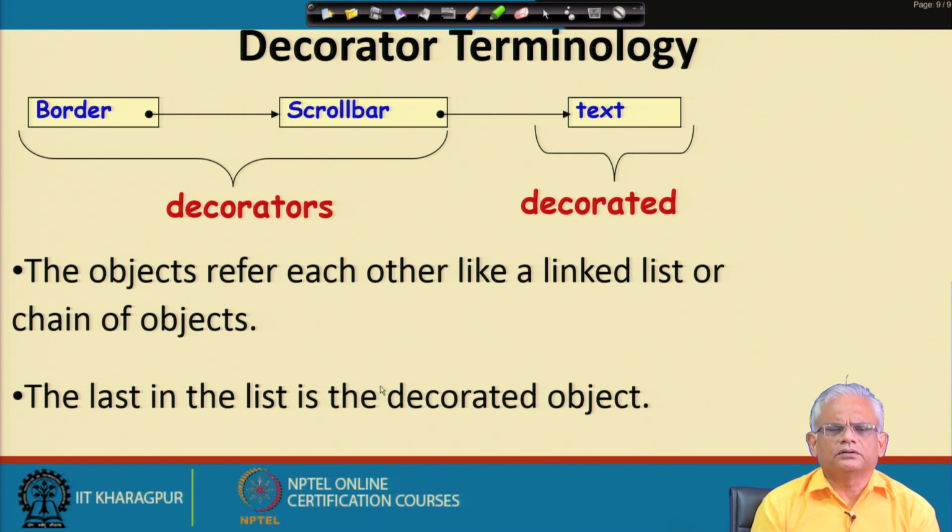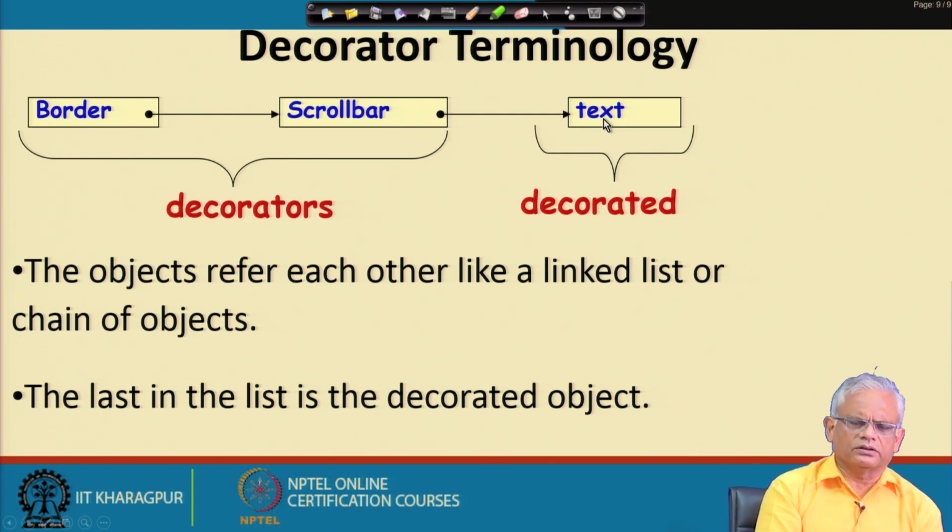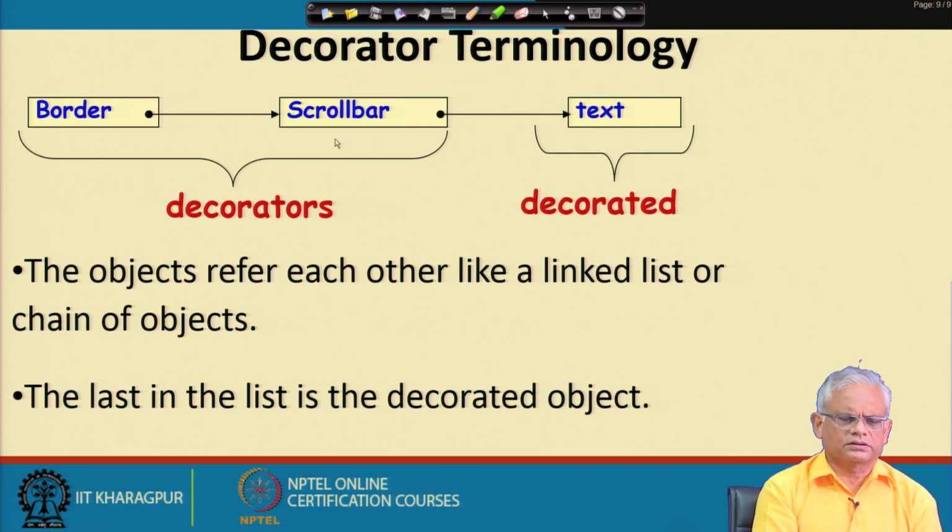If we see it in terms of class relations, the border is associated with the scroll bar and the scroll bar is associated with the text, or let us say in terms of object relations, we have the border which has a link to the scroll bar and the scroll bar has a link to the text.